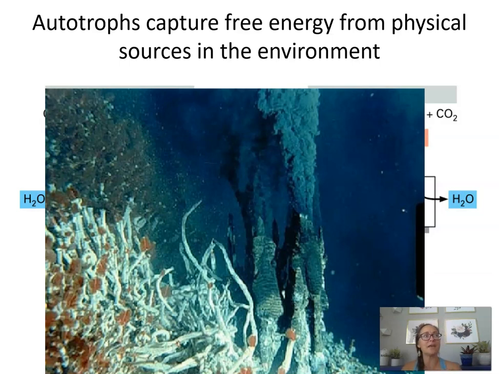Plants use ATP and NADPH to build during the Calvin cycle. Instead, at the hydrothermal vents, they use sulfur-based chemicals, break them down, and use the electrons from there to build in the Calvin cycle.